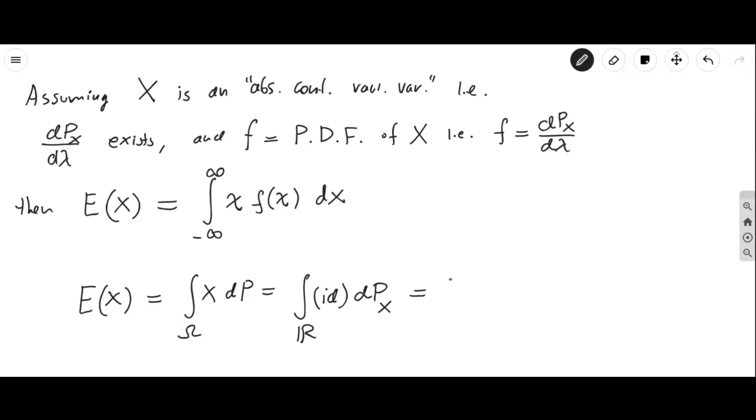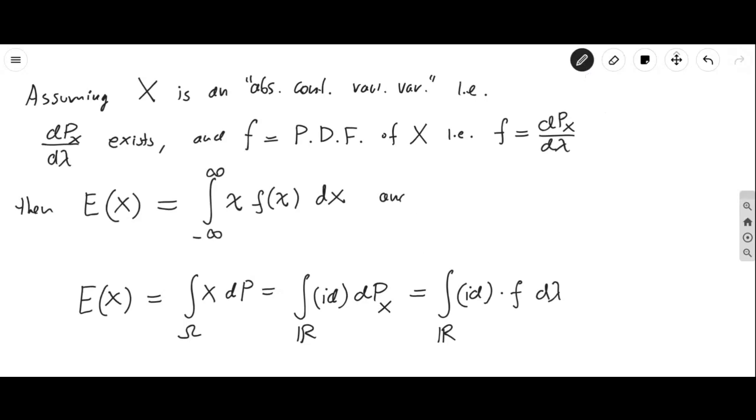And then because you have a Radon-Nikodym derivative, you can just write this as integrating over R the identity function multiplied by f with respect to the Lebesgue measure. And then when you write it out in classical calculus notation, you would write this as an integral from -infinity to infinity. The identity function is given by the formula x, and this is the function f of x. And then you just write dx symbolically, but that's the way you would write it.